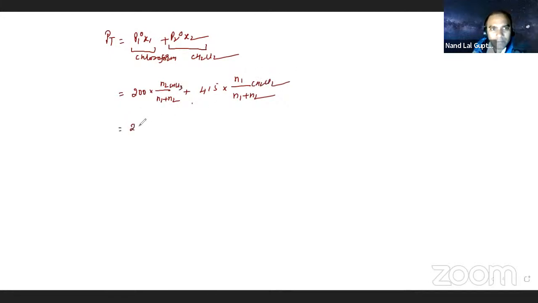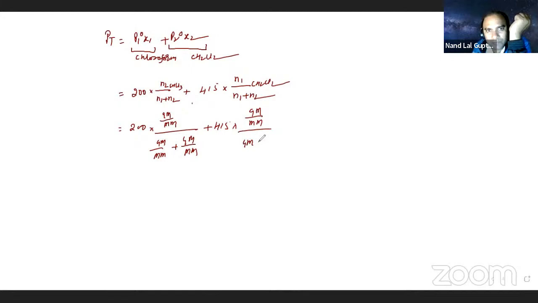Now check back: 200 multiplied by given mass over molar mass, over given mass over molar mass plus given mass over molar mass, plus 415 multiplied by given mass over molar mass, over given mass over molar mass plus given mass over molar mass.